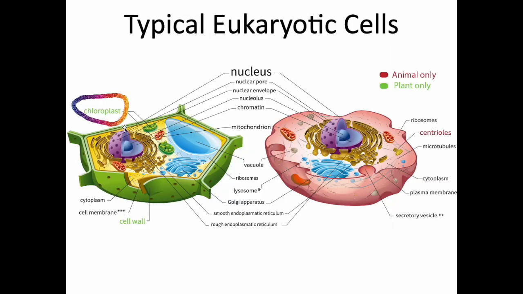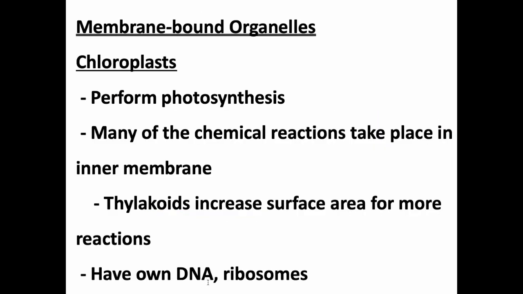They got captured by an ancestral eukaryotic cell. They've evolved this codependent relationship. This is now no longer an independently living organism, but it does have some of its own DNA and ribosomes as sort of a relic of its past and being a free-living thing.